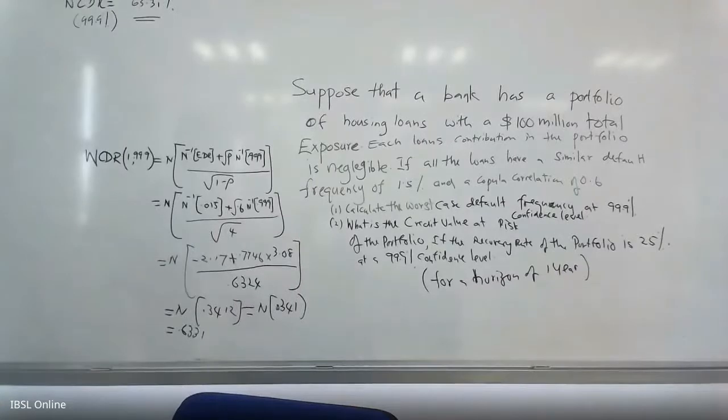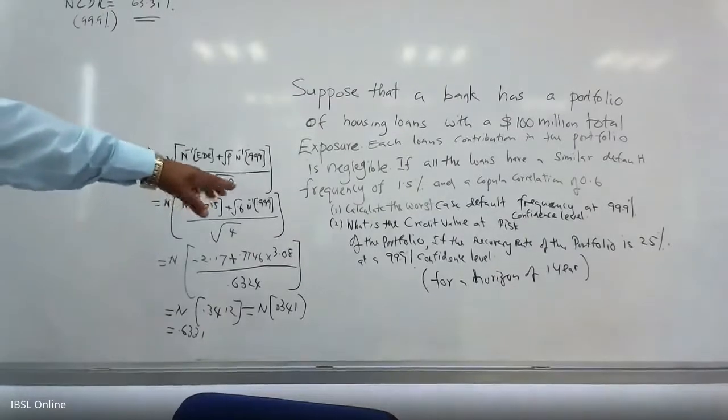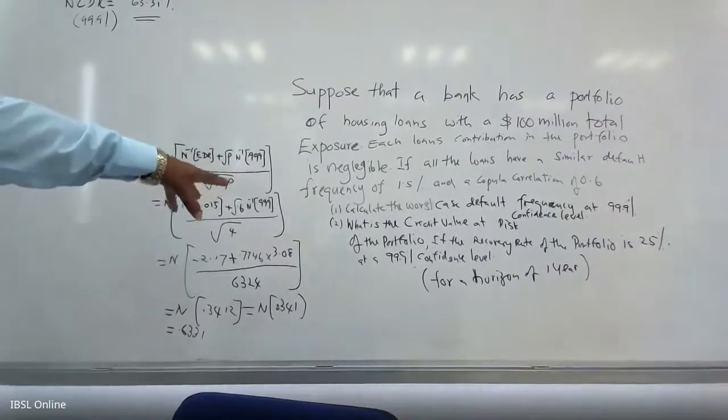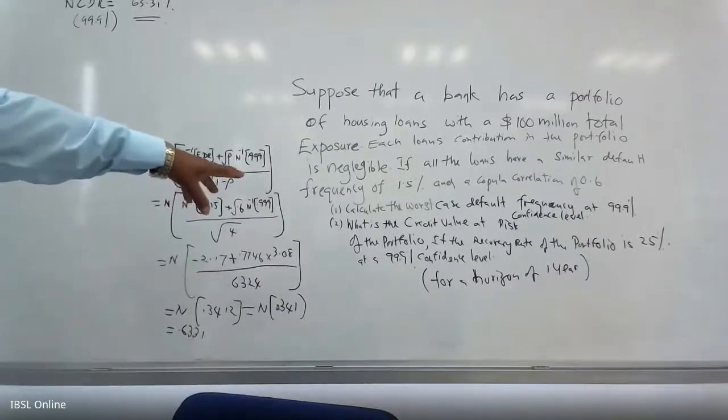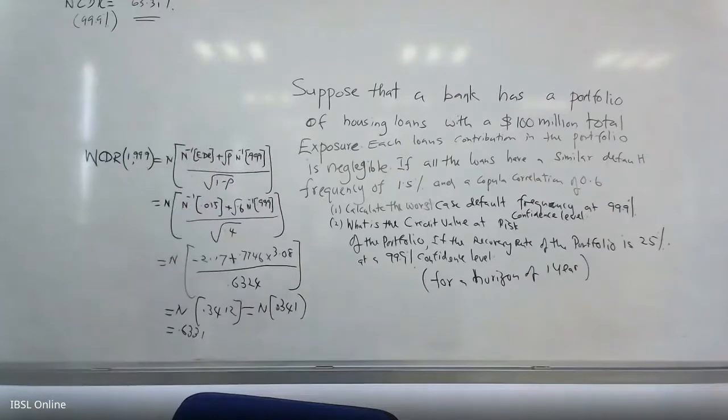But if you have been asked to calculate the unexpected loss, it is not the answer. But this answer you can get from looking at the credit value at risk. Now I will show you the calculation of credit value at risk.